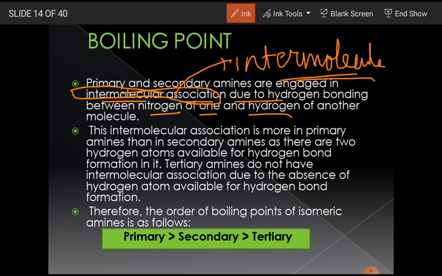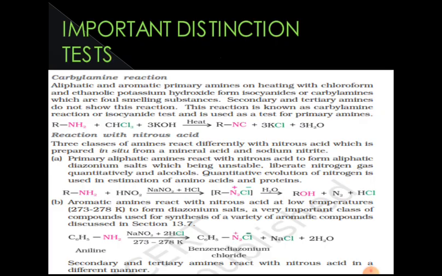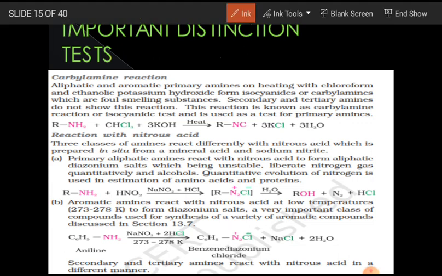And the order of boiling point of isomeric amines is: primary greater than secondary greater than tertiary. This order is very, very important. Tertiary does not have intermolecular association due to absence of hydrogen, and as a result they have minimum boiling point.